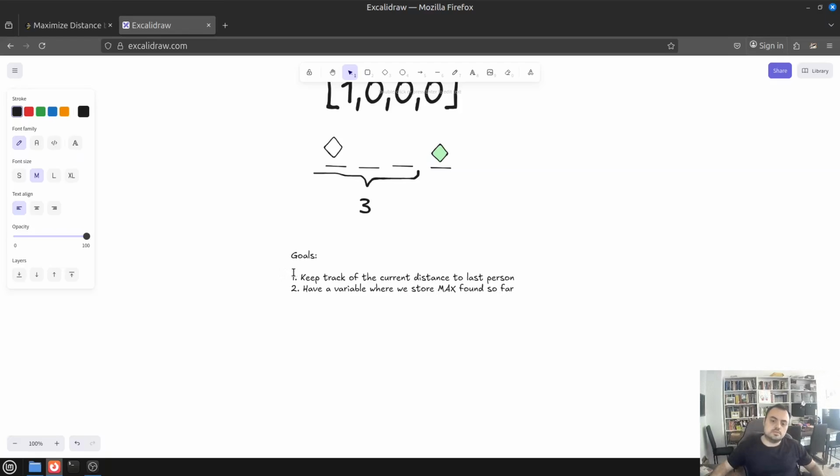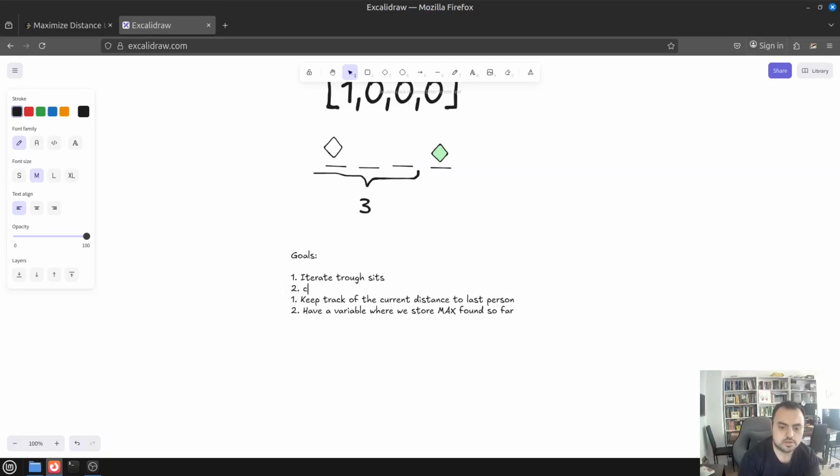Yeah, so we can simply iterate. Maybe let's start with that. Iterate through seats. Check if 1 or 0. And keep track of the current distance.